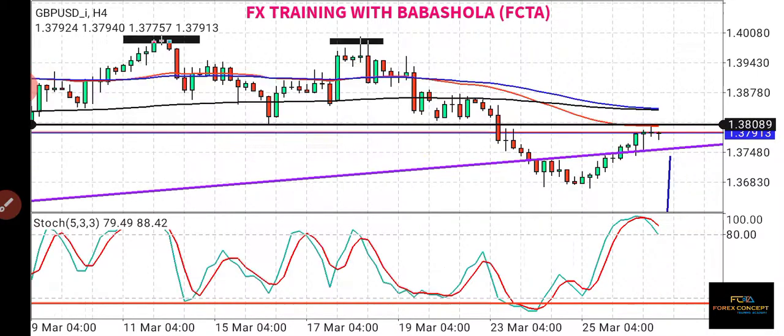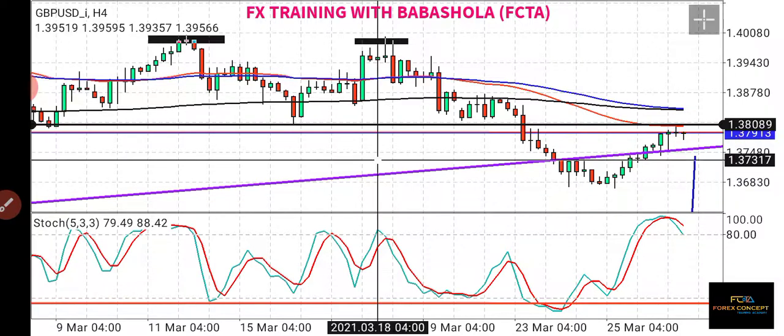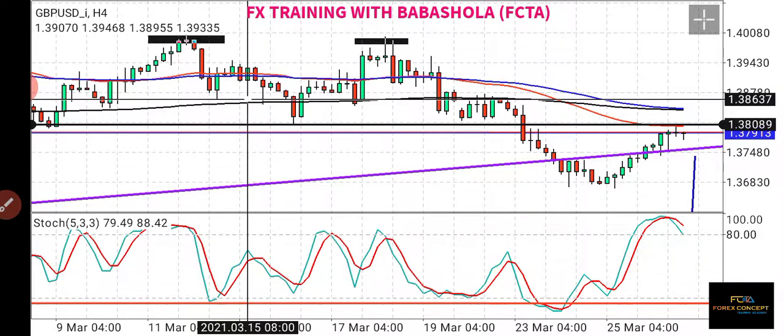So where would your stop loss be? Well, your stop loss should be around 1.38643, around this point. Why did I put it here? Because this point is the next resistance point.